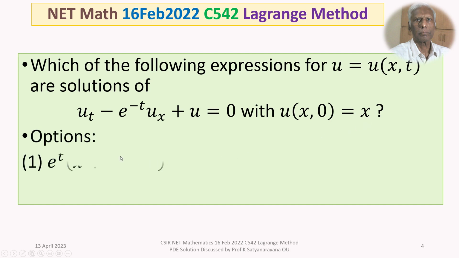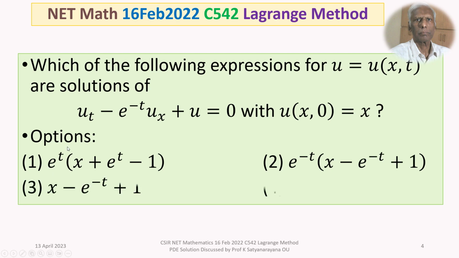We are given four options. Option 1, e power t into x plus e power t minus 1. Option 2, e power minus t into x minus e power minus t plus 1. Option 3, x minus e power minus t plus 1. Option 4, x e power t.